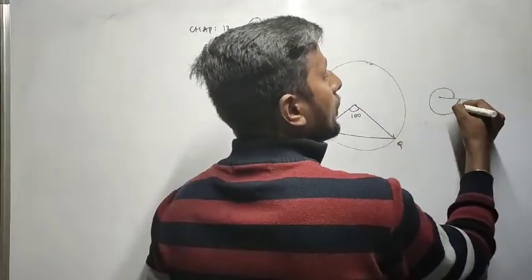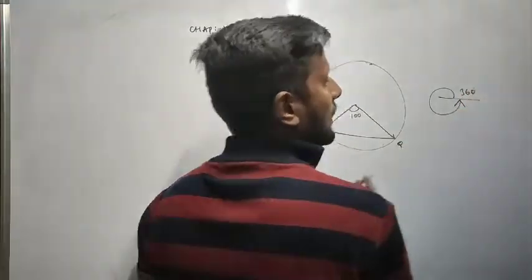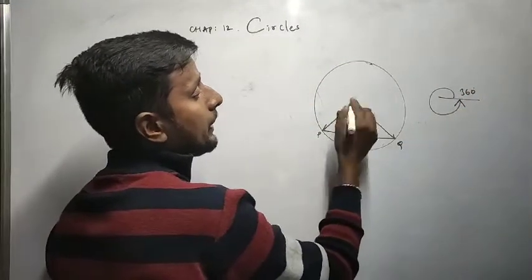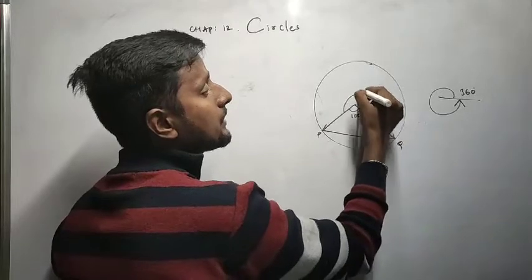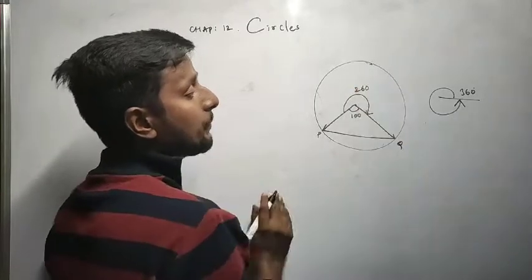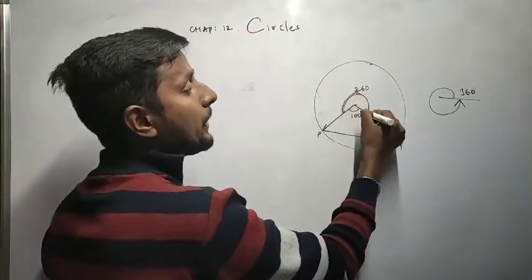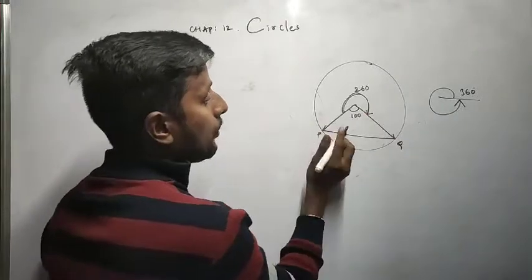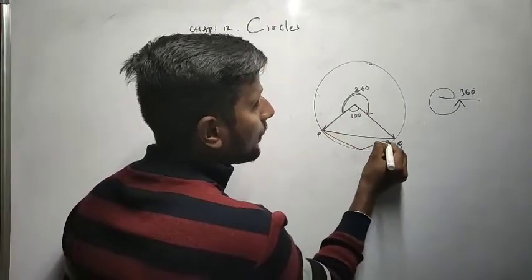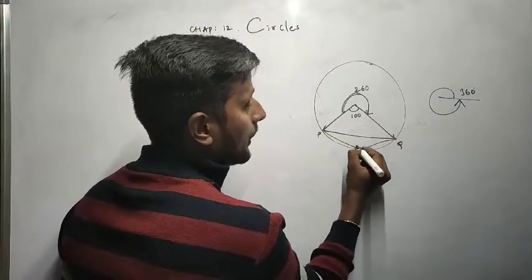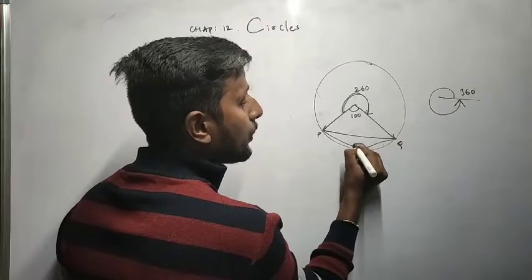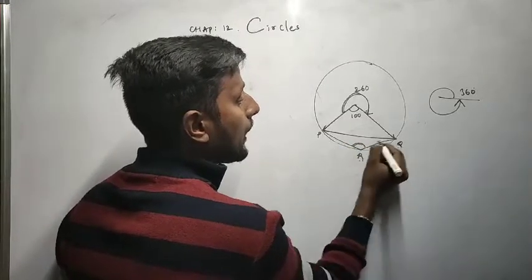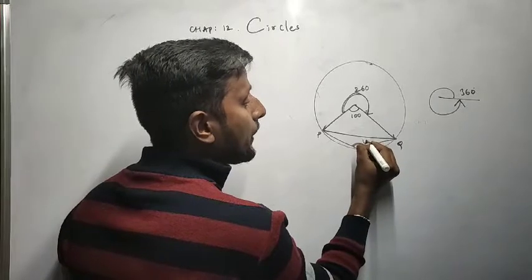One more doubt: a complete rotation represents 360 degrees. Here 100 is already completed, so the rest is 260 degrees. Now the angle opens upward. If I take a point R on the other side and talk about angle PRQ, the angle has opened upward.